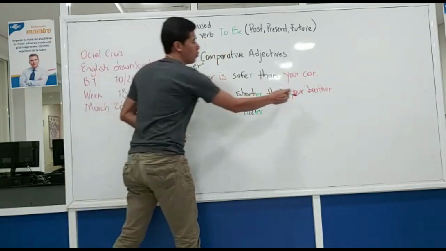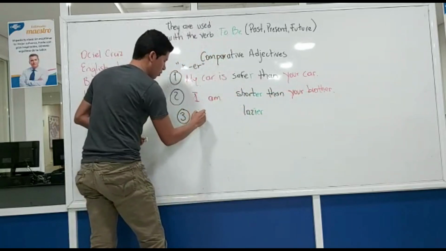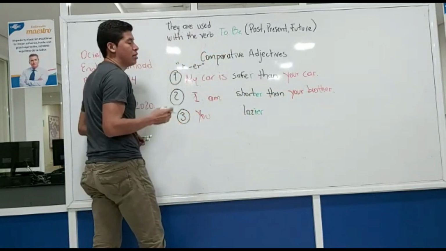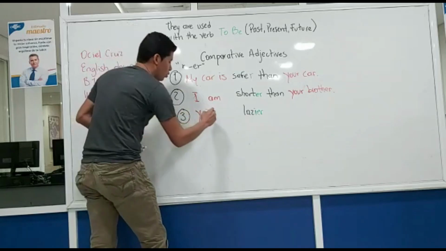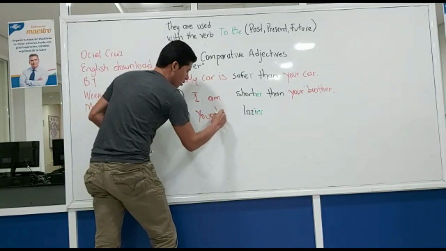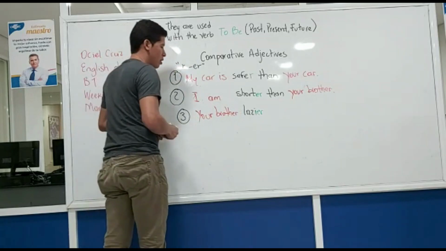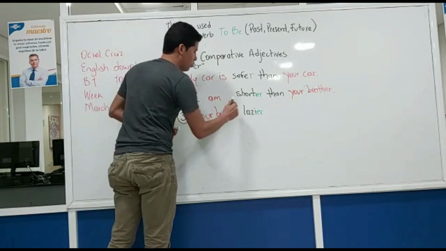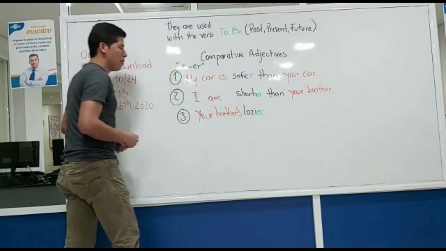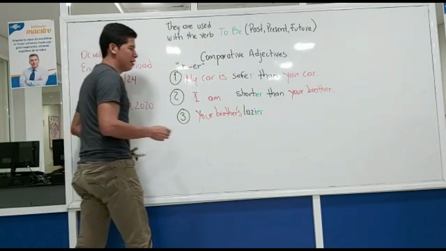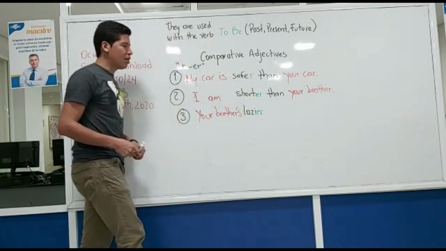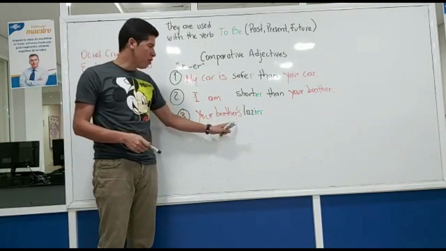About your brother, I am sure that your brother, and here I need to use the verb to be, is. Your brother's lazier. Remember, I use the contraction of the verb to be here.